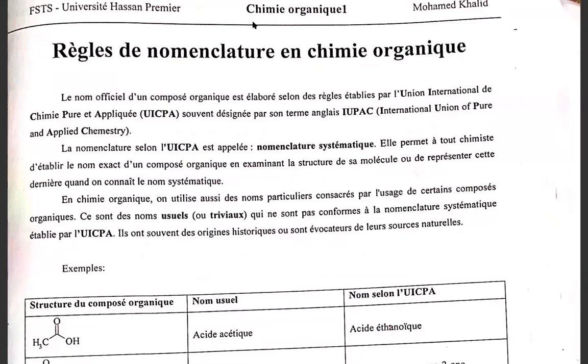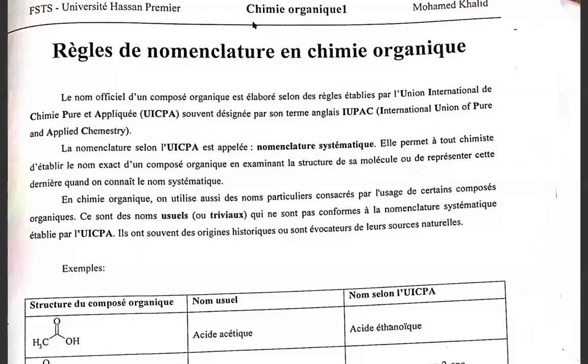Alhamdulillah. So, the rules of nomenclature in organic chemistry. For the first part, I'll be a bit slow because it's a build-up for the second. The International Union of Pure and Applied Chemistry is basically the organization that is responsible for the nomenclature of all compounds. Because we are looking at organic compounds, we are going to narrow it down to organic compounds.